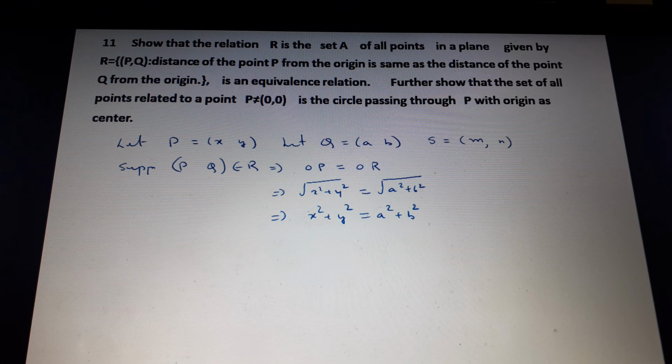Similarly, PS also belongs to R. This implies OP equal to OS. So this implies, once again same way, x square plus y square equal to m square plus n square.